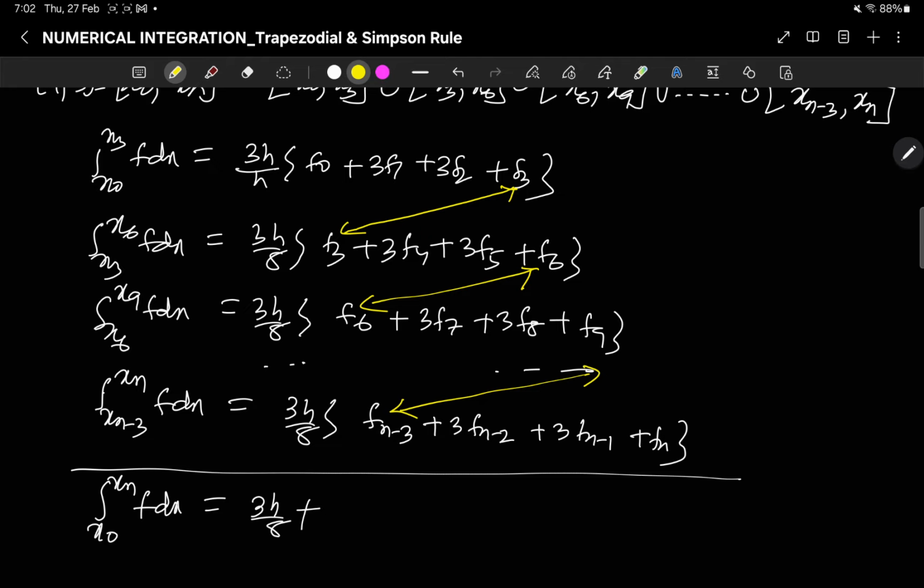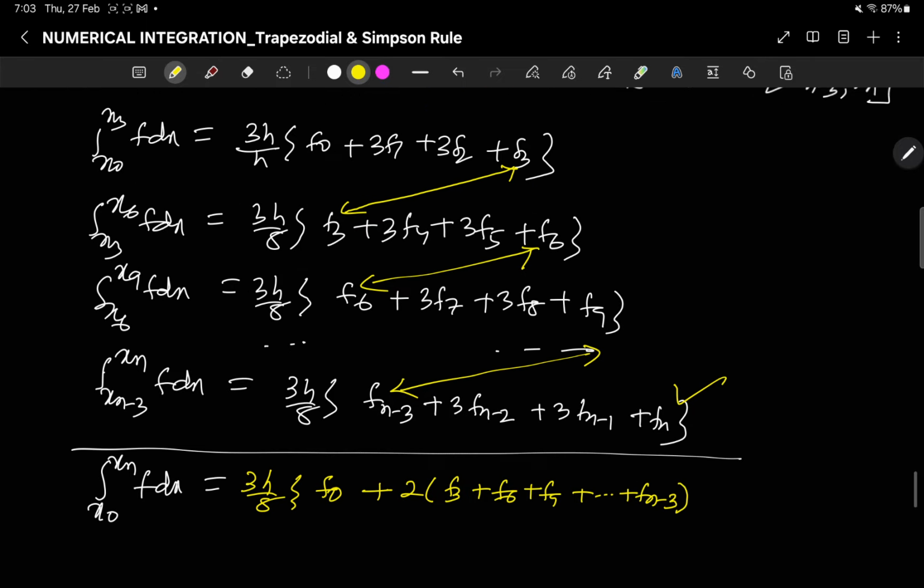With 3h by 8 taken common, it will be f0 plus 2 times f3, f6, f9, and so on up to fn minus 3, and the last one is single.